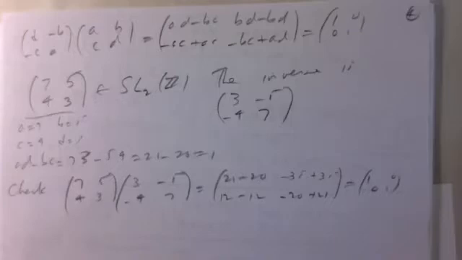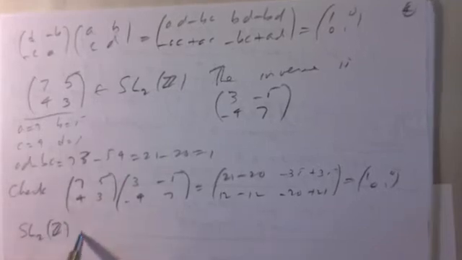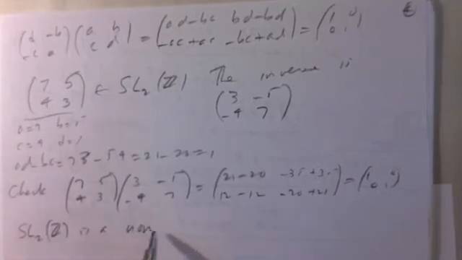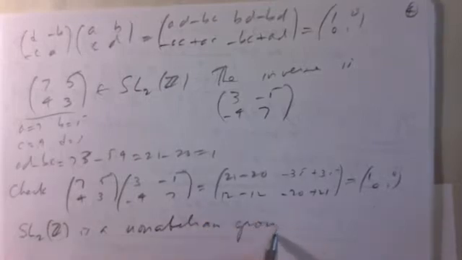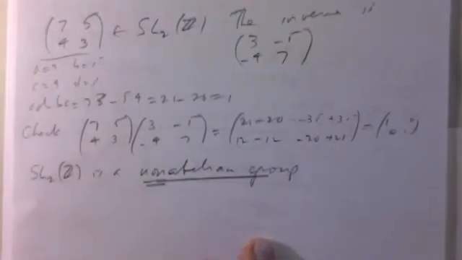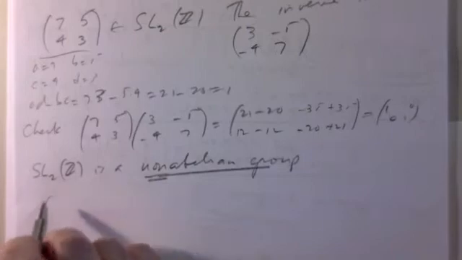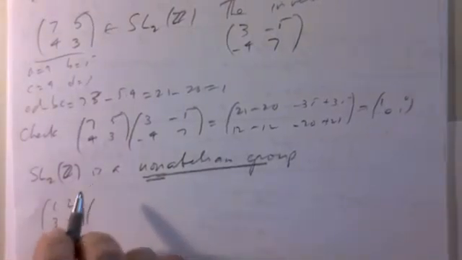And one of the important things about this group is that SL2Z is a non-abelian group. Non means not abelian. And let's see, how can we check that? Well, let me just take two sort of random matrices, 1, 2, 3, 4.